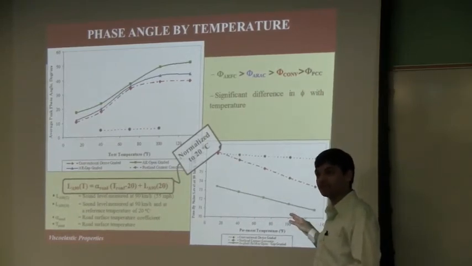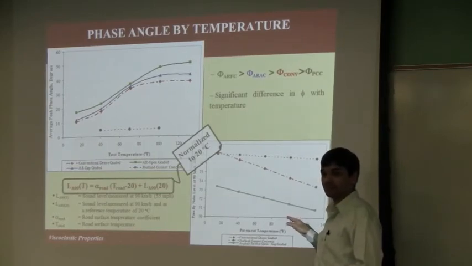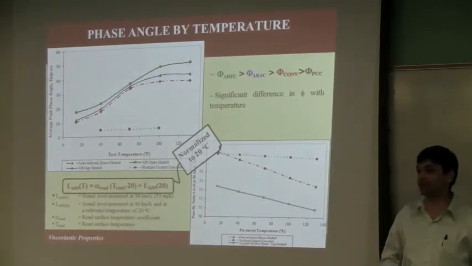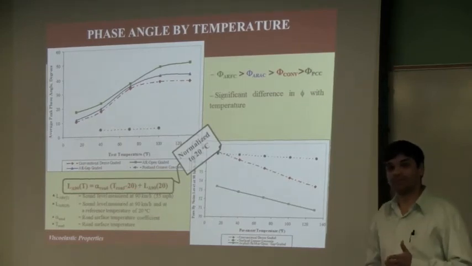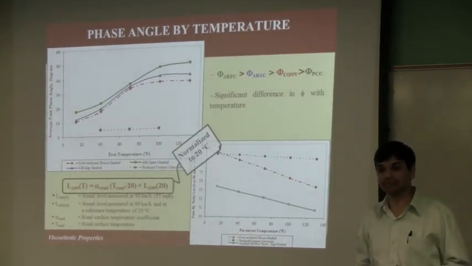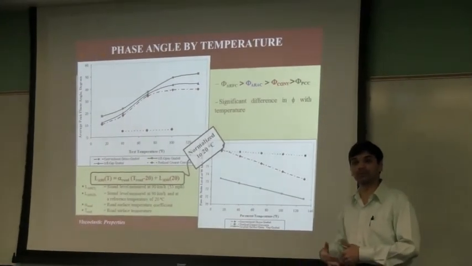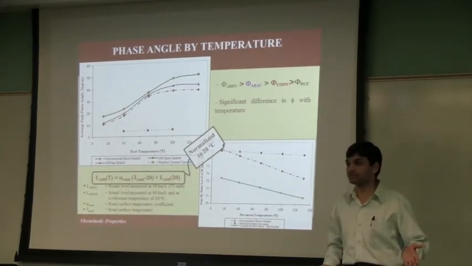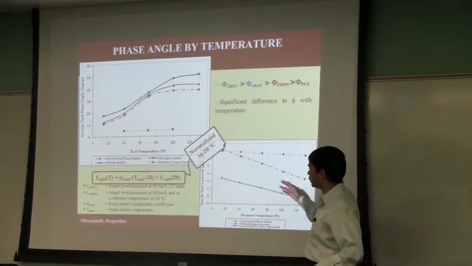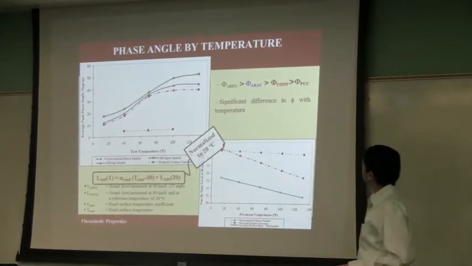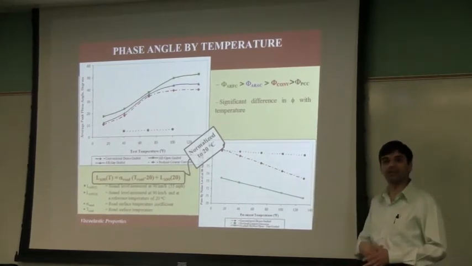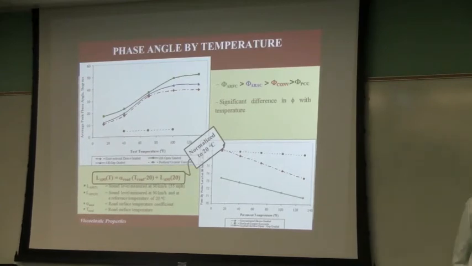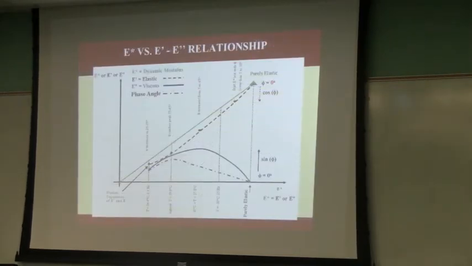And we have seen this in field as well. In Phoenix, we have seen that the values are really low at 2 different temperatures. During summer, the values of noise are really low when you compare it with winter. That's what you see here, using the model. So there was a significant difference in phase angle with change in temperature as well.